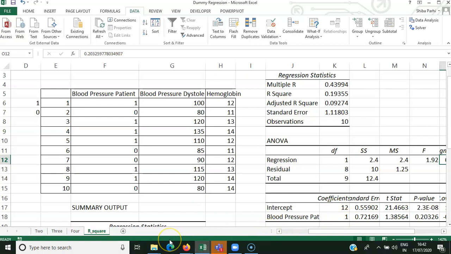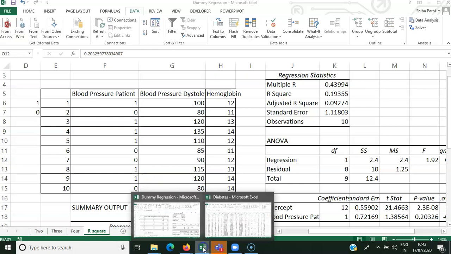Still we can see this model is not significant for blood pressure with the hemoglobin. And this we also found in nature. In reality also, hemoglobin is not connected with blood pressure patients, but the blood pressure diastole is connected with blood pressure patients. This is the way you can understand dummy regression.